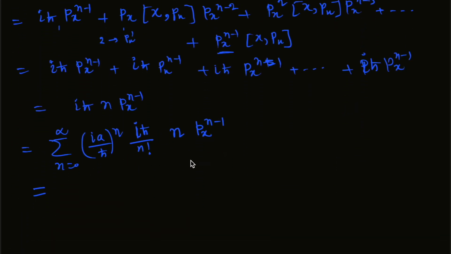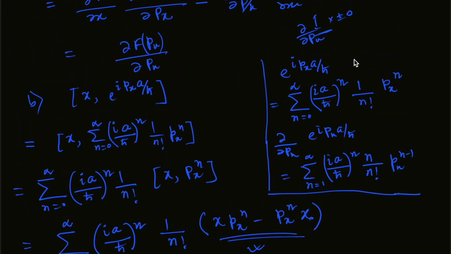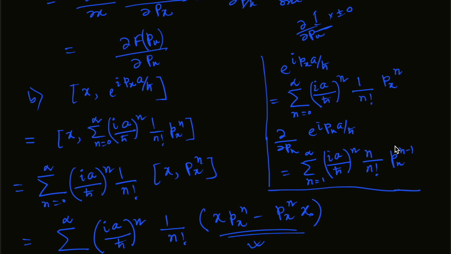Now let us see what we'll get here. We'll get exactly the same thing, iħ, and here also at n equal to 0 this whole term will become 0, because n is multiplied at the upper part.